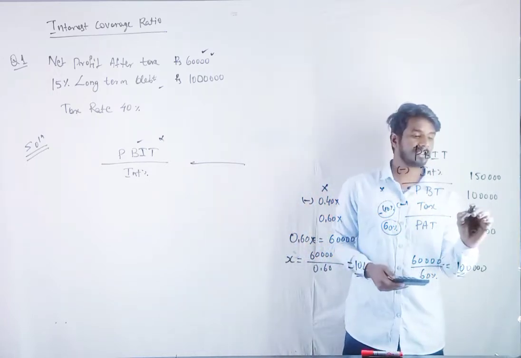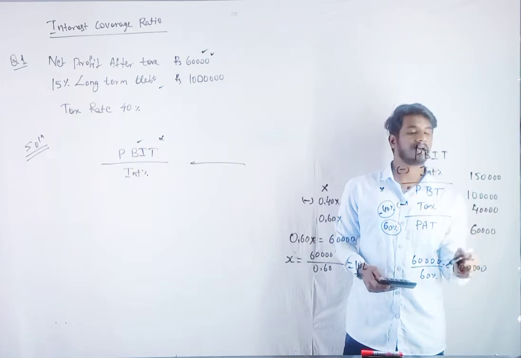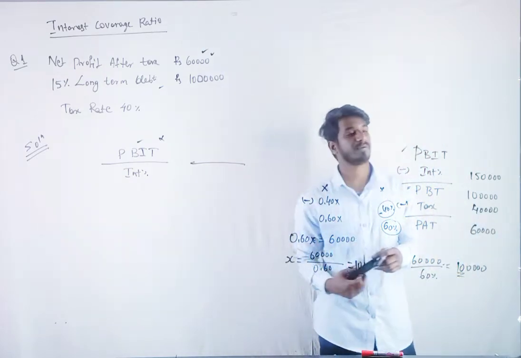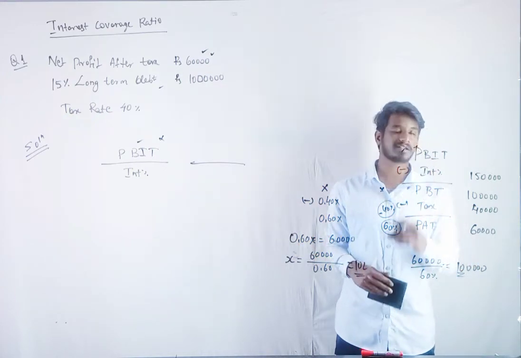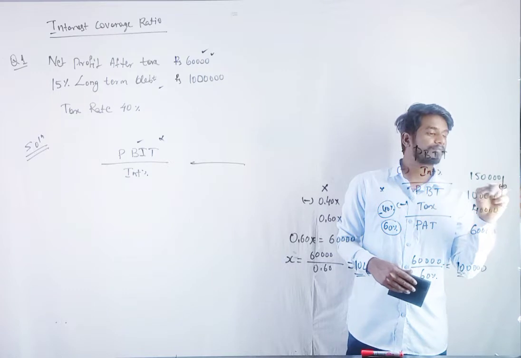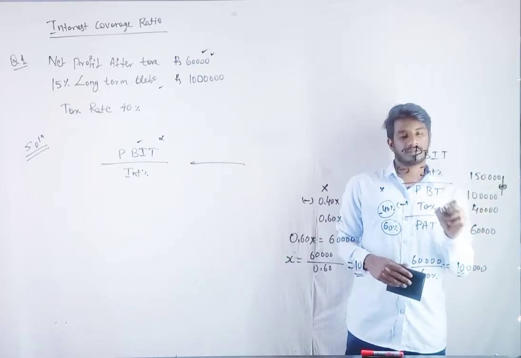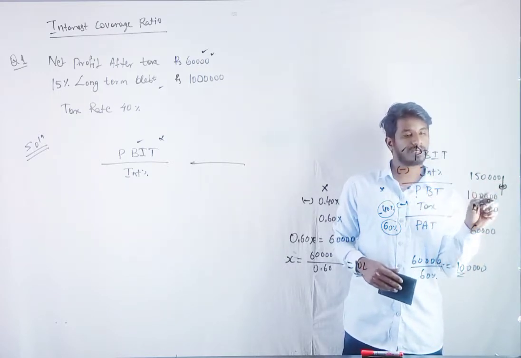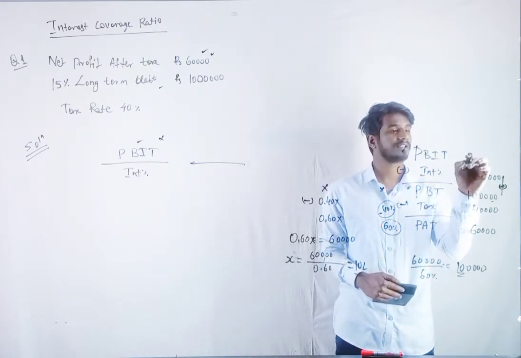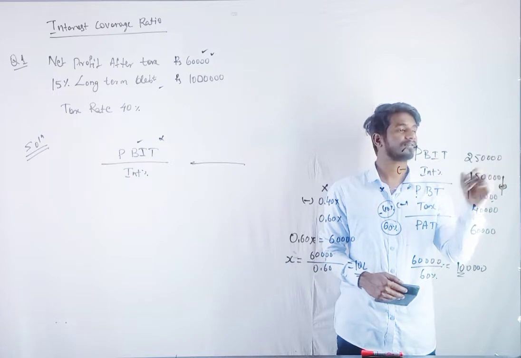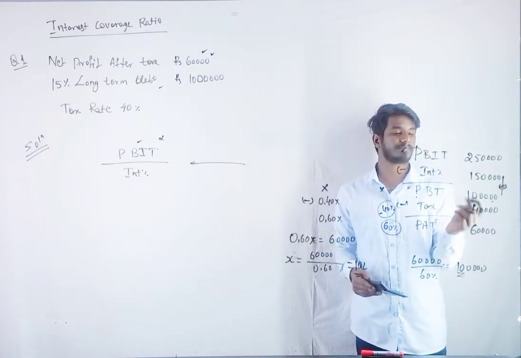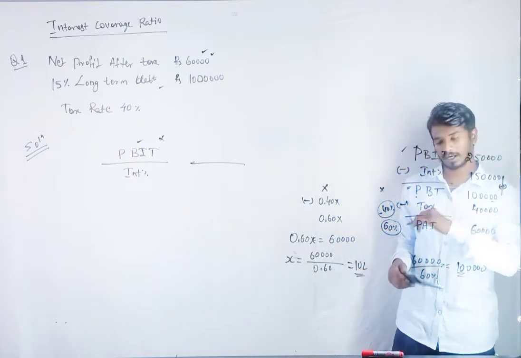Interest is 1 lakh 50,000. And how will you calculate PBIT, profit before interest and tax? If we add these both, profit before tax 1 lakh and interest 1 lakh 50,000, it comes out 2 lakh 50,000. 2 lakh 50,000 minus interest 1 lakh 50,000 gives profit before tax 1 lakh.